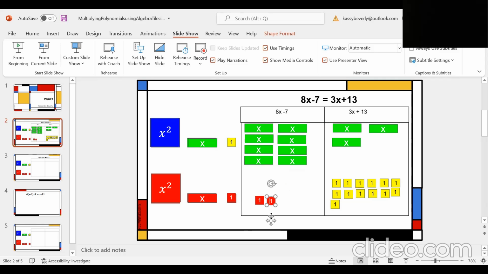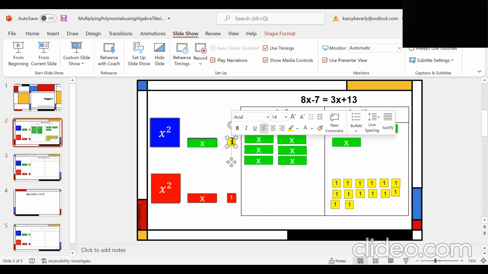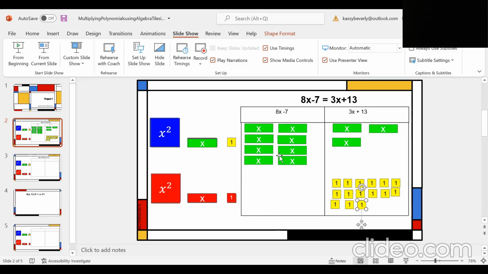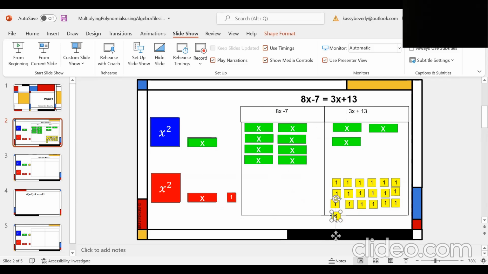So because we added 7 positive units to the left side, we're going to add 7 positive units to the right side. So 1, 2, 3, 4, 5, 6, 7.